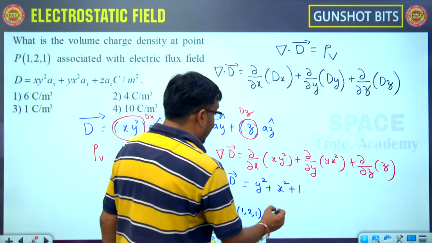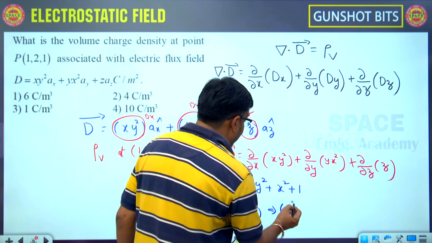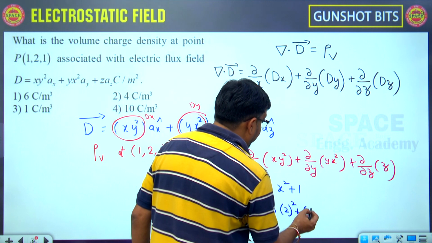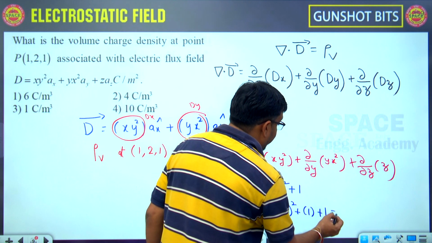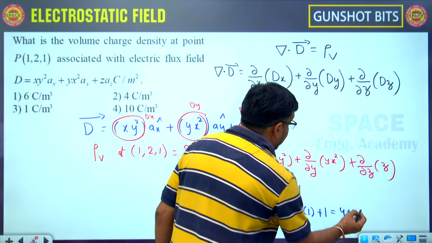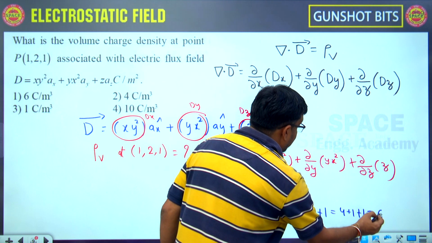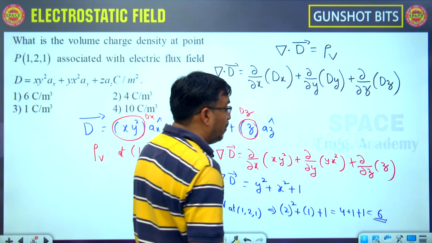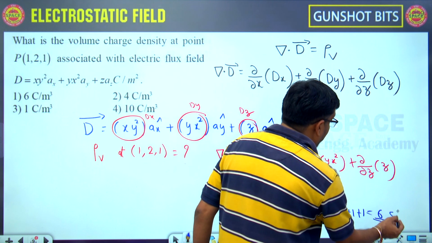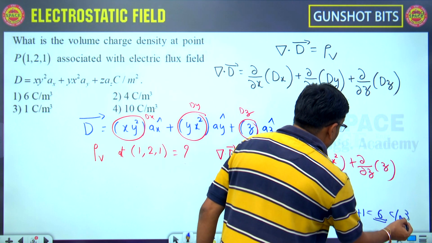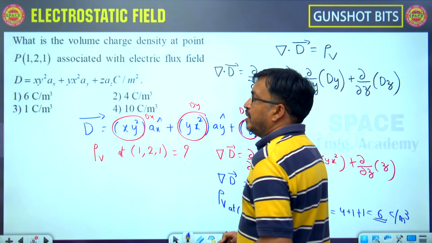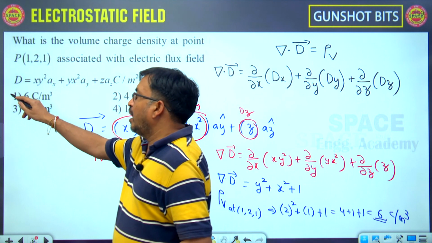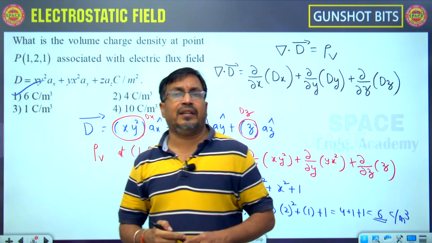So y value 2 whole square, x value 1 plus 1, 2 square becomes 4 plus 1 plus 1, that equals 6. Volume charge density units are coulombs per meter cube. So the answer is 6 coulombs per meter cube. Option 1 is the correct answer.